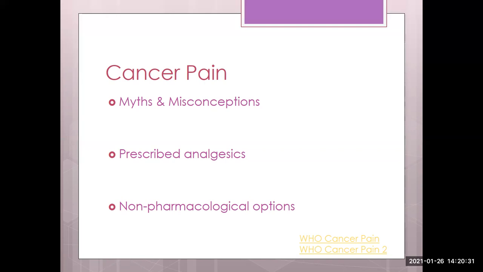More than half of the patients who are receiving treatment for cancer will develop pain, and about 2/3 of the patients who have advanced metastatic disease will have severe cancer pain. So trying to find ways to help them adequately control it is best. If patients are prescribed analgesics for the pain, then oral is the preferred route, especially initially, and scheduled pain medicine. So round the clock, not just PRN when they need it.